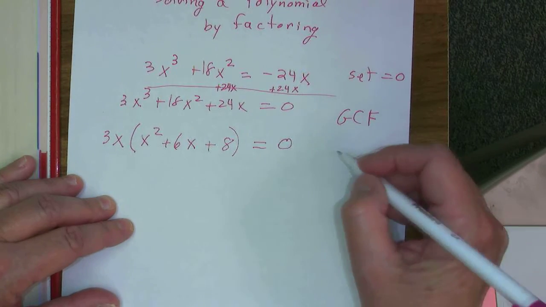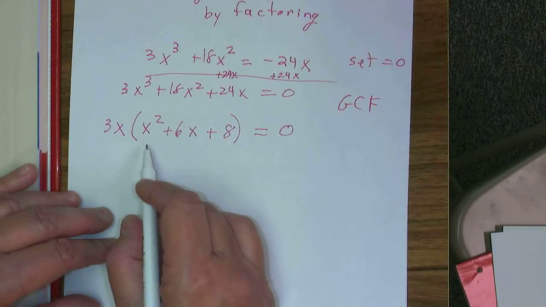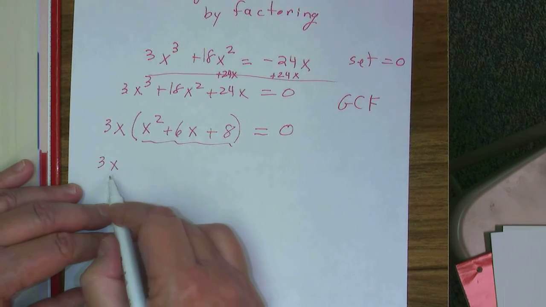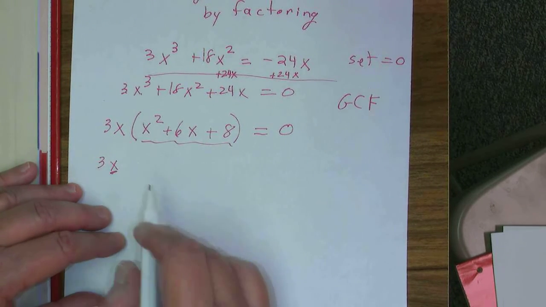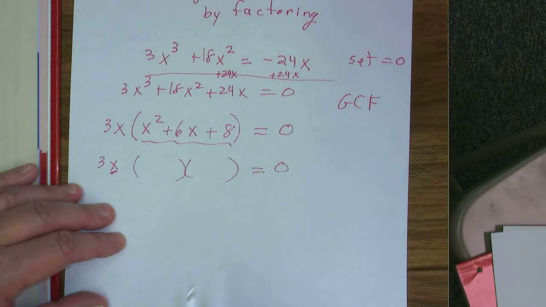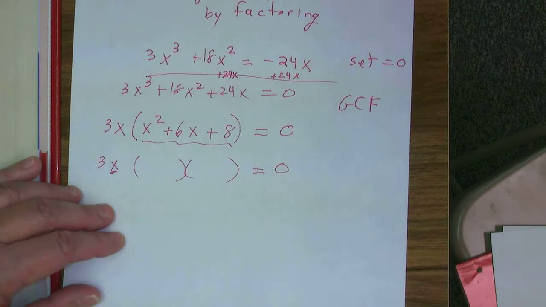Do not forget the equals 0 part. Now, I need to factor the remaining trinomial. Don't lose the 3 times x, because that's going to be one of the answers right there. Equals 0. Do not leave off the equals 0. These are all the steps that should be shown on your paper.